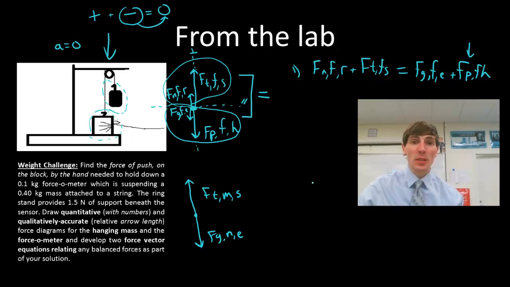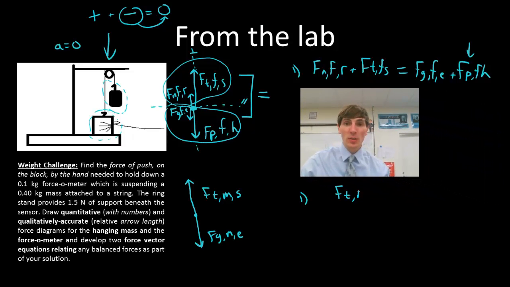Because the object was not accelerating, this has its own little force equation: force of tension on mass by string is equal to the force of gravity on mass by earth. I know those are equal because the object is not accelerating vertically.